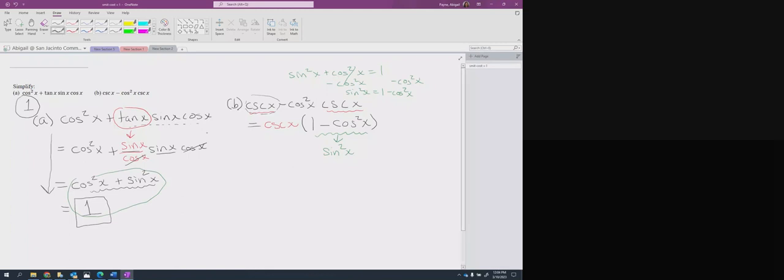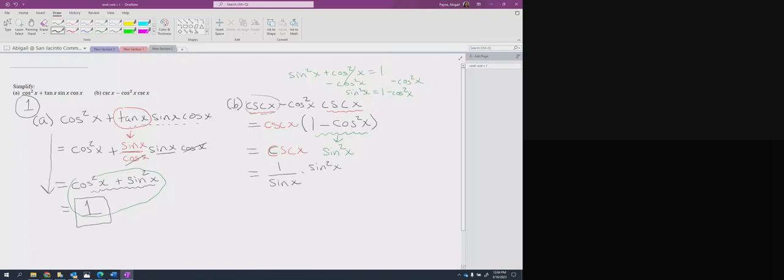Okay, but I still have cosecant x. Maybe I'll use red. I'll stay with red on this. I still have cosecant x here, so I need to simplify this. So now I would go ahead and turn that cosecant into 1 over sine x, and this is times sine squared x.